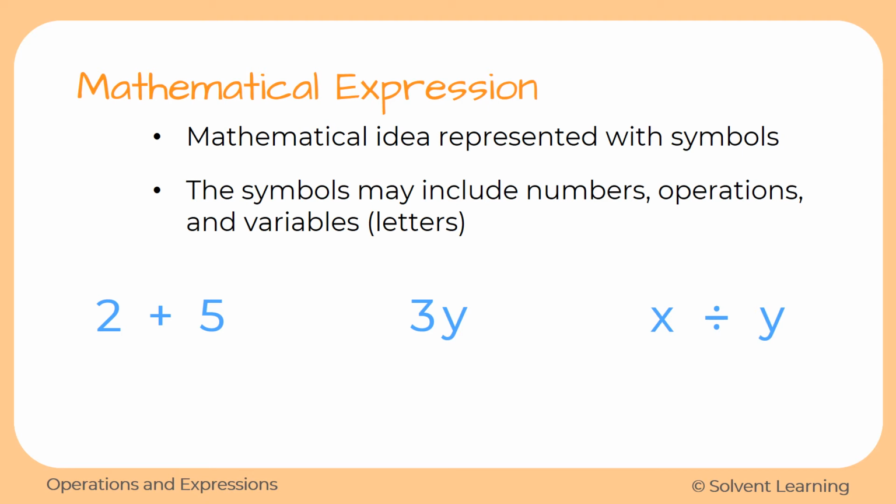Here we have x divided by y. But what we can see in all of these examples is that we have at least 2 different things, whether they're numbers or variables, and they're placed together using some type of operation, whether it's addition, multiplication, or division.